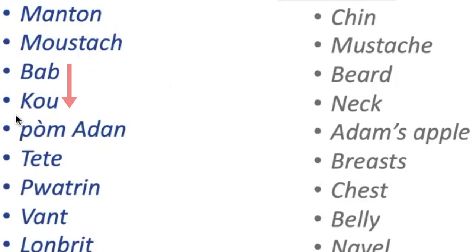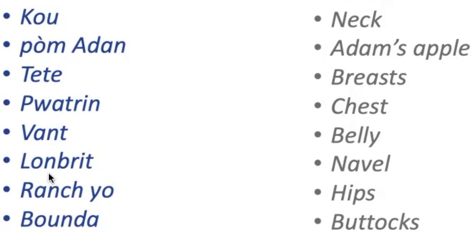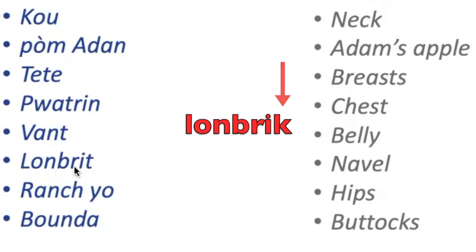Neck, cou. Adam's apple, pomme Adam. Breasts, tété. Chest, poitrine. Belly, ventre, lombrite. Navel is lombrite. And some people say lombric, but others say lombrite.